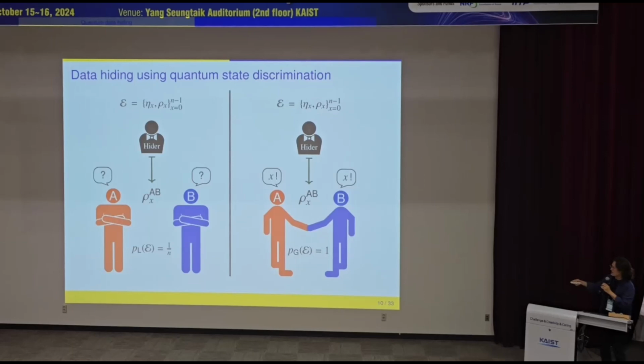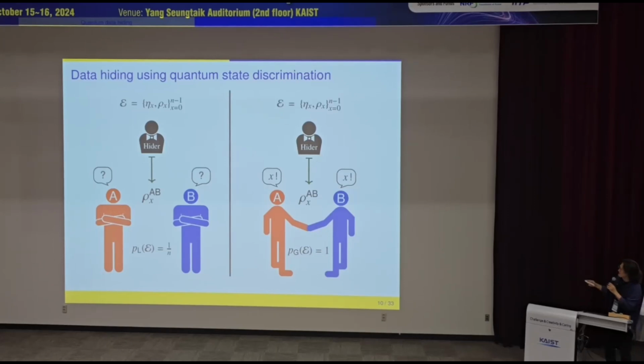So it's equivalent to say they can do no better than just random guessing. That means the P_R, which is the maximum over all possible LOCC measurements, must be 1 over n, just random guessing. However, if they can do collaboration, that means they can do any general joint measurement, they can perfectly discriminate what the prepared state is.